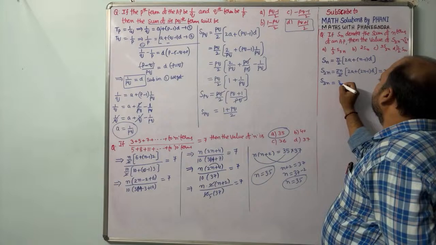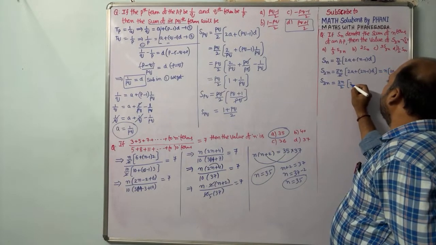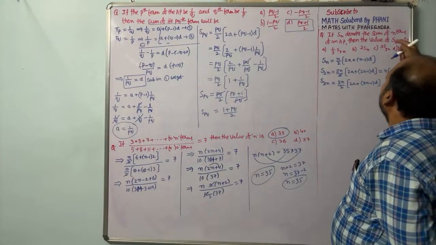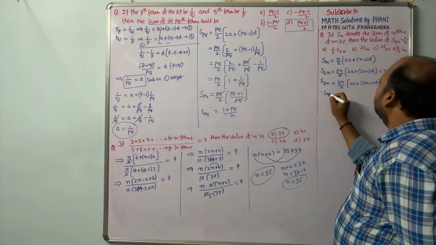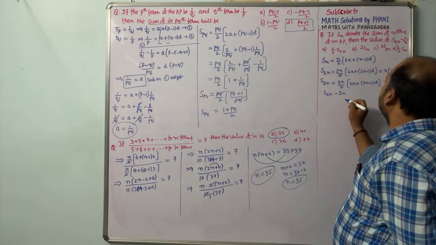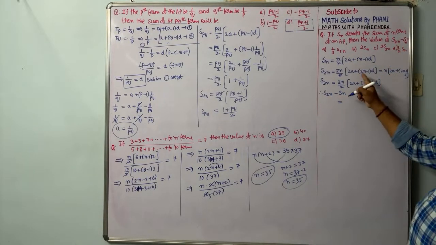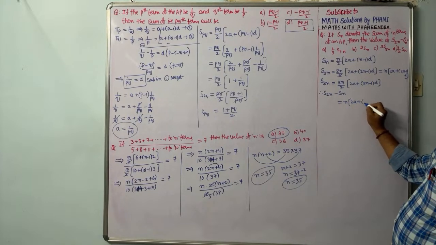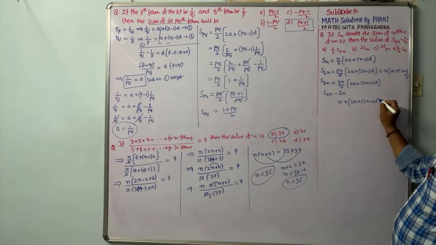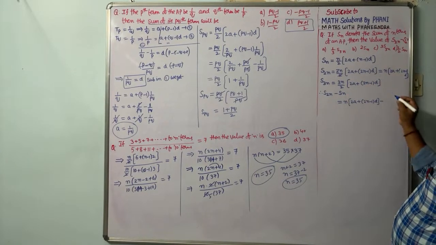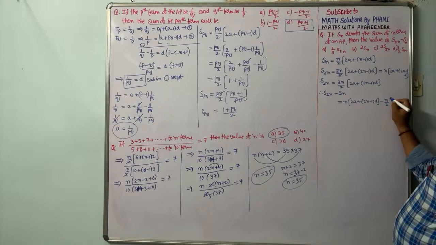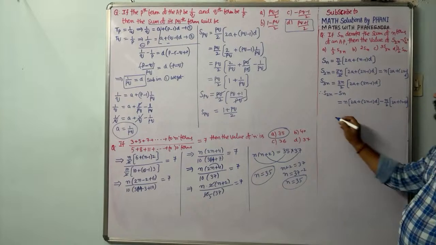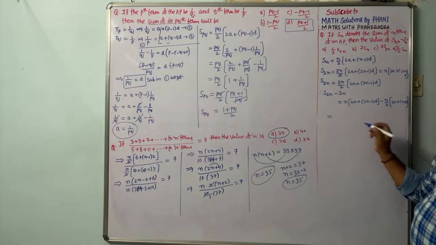S3n is equal to 3n by 2, 2a plus 3n minus 1 into d. Now consider S2n minus Sn. S2n value is n into 2a plus 2n minus 1 into d, minus Sn value, 1 by 2, that means n by 2, 2a plus n minus 1 into d. In both, n take common.